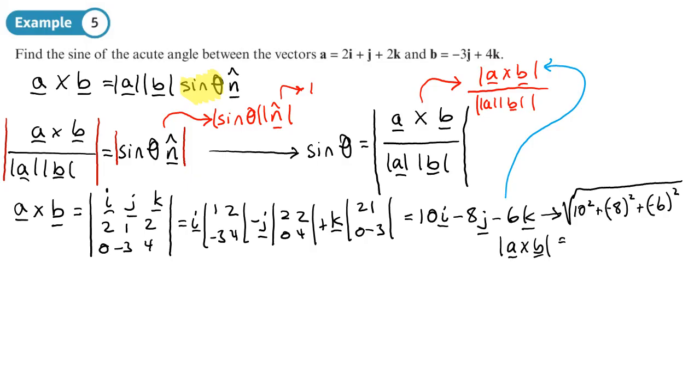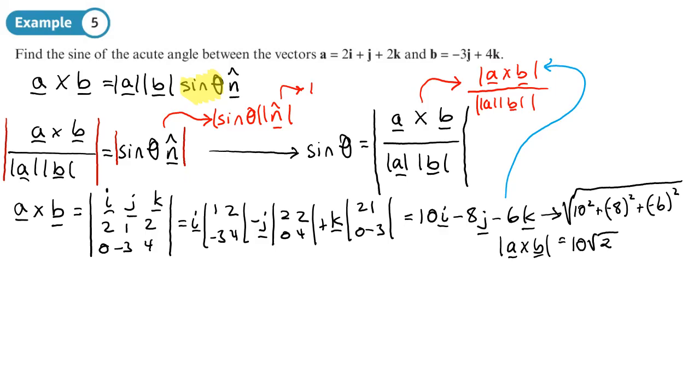Now what have we got? 100 plus 64 plus 36, so root 200, which is 10 root 2. So this will be 10 root 2, square root 200. So that goes at the top.